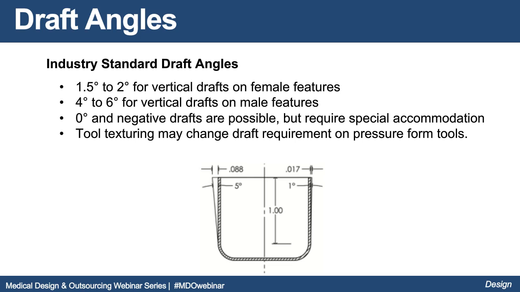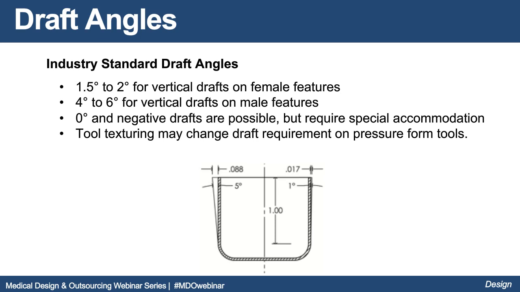The other thing is tool texturing. This is a conversation that comes up quite frequently because we're molding in color and texturing the tool itself. That tool texture is going to dictate what draft. Most people have seen or heard of Mold-Tech. Mold-Tech is going to give you a requirement on that draft.